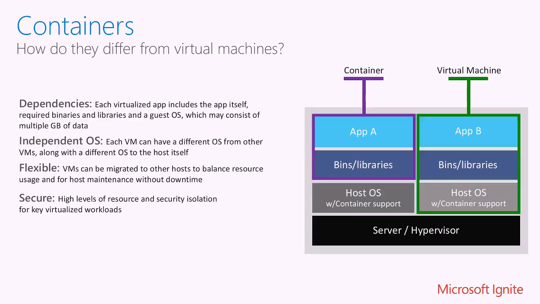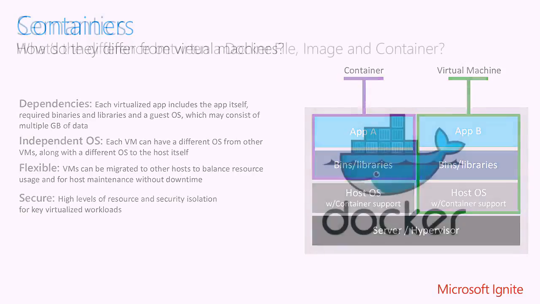By not having the host operating system, virtual machines will measure in gigabytes, and containers we're usually measuring in megabytes. So they're much slimmer. They're a little bit more portable because we can spin them up more quickly. But we still have isolation in the kernel, so we'll touch on a couple of those sections coming up.